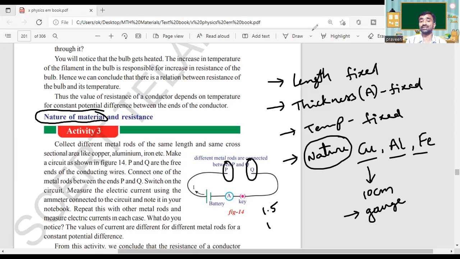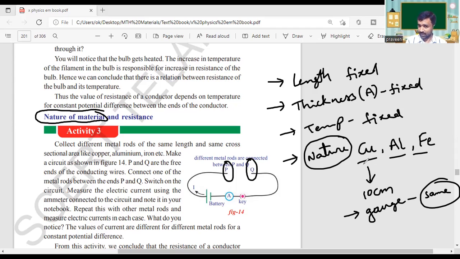So it is about the thickness of the wire, right? I am maintaining this the same. It will be purchased from an electrical shop only, right?